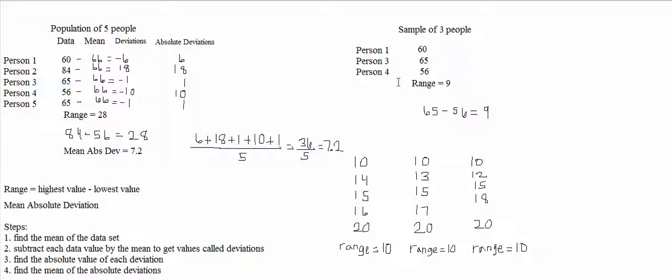Now let's find the mean absolute deviation of the sample. We have to follow these same steps. First we have to find the mean of the sample. Since the sample includes 3 numbers, we add the 3 numbers and divide the total by 3.